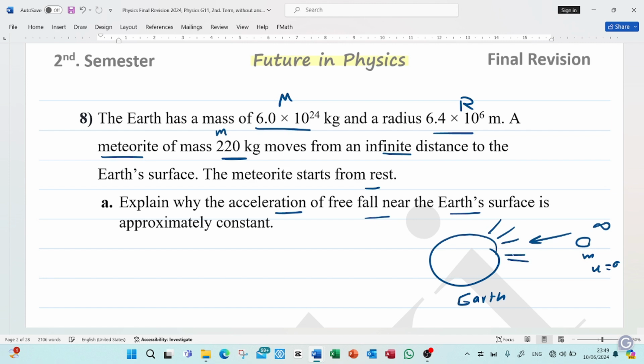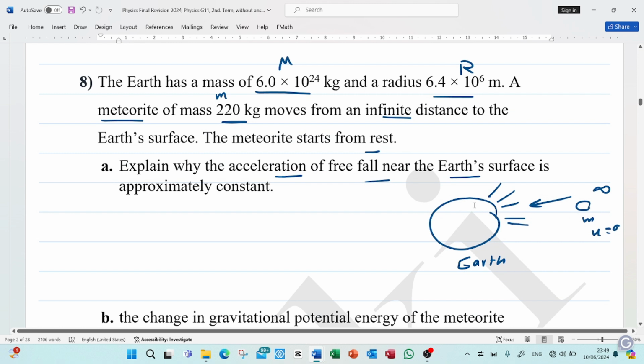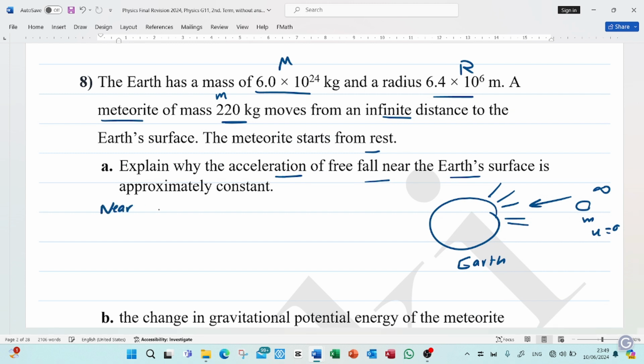Why? Because near to the surface, the lines are parallel. So constant field strength, hence constant acceleration of free fall. We write this one: near to the surface, the lines of force are parallel.